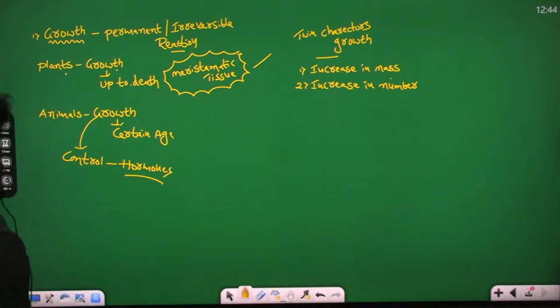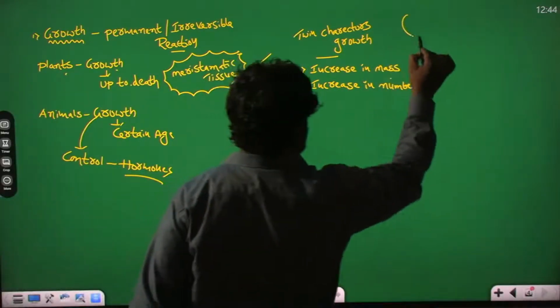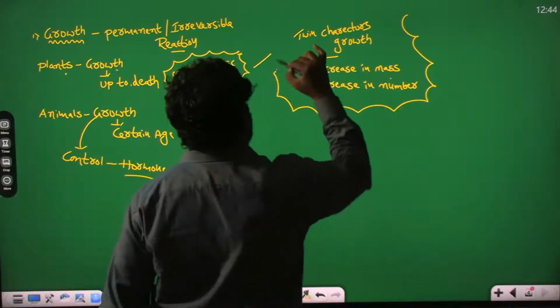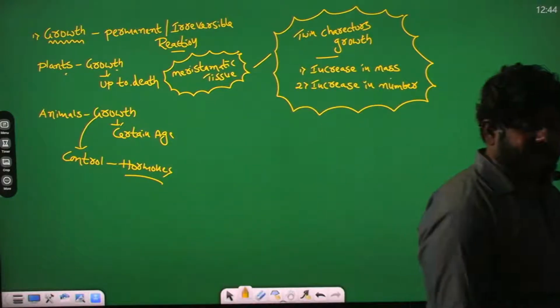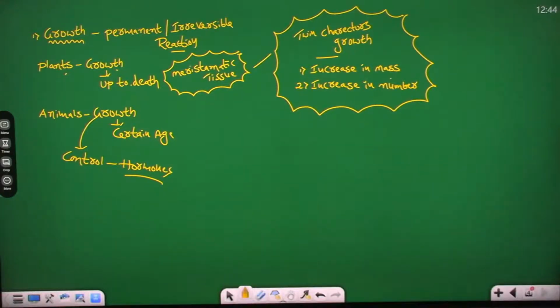These are the twin characters of growth. Compulsory, expected NEET and MCET question. What are the twin characters of growth? Increase in mass, mass means weight, and increase in number.